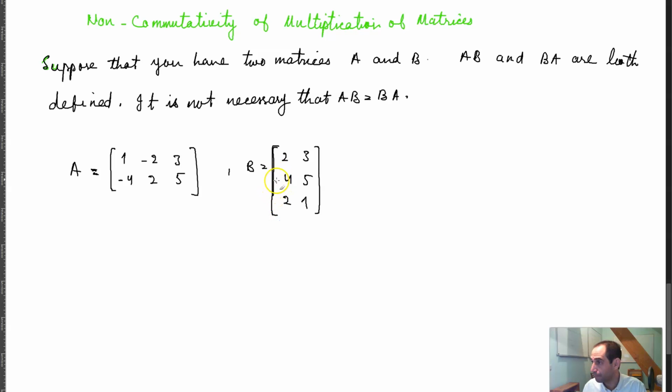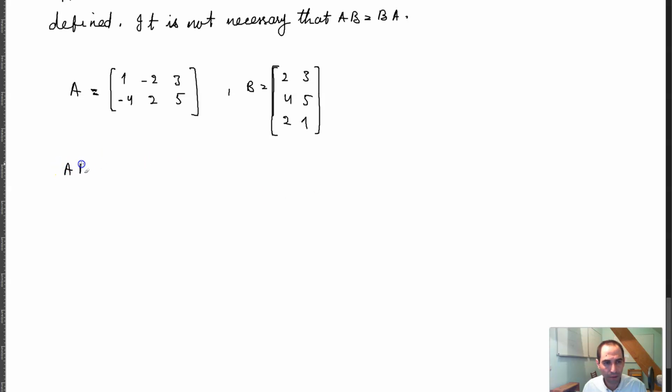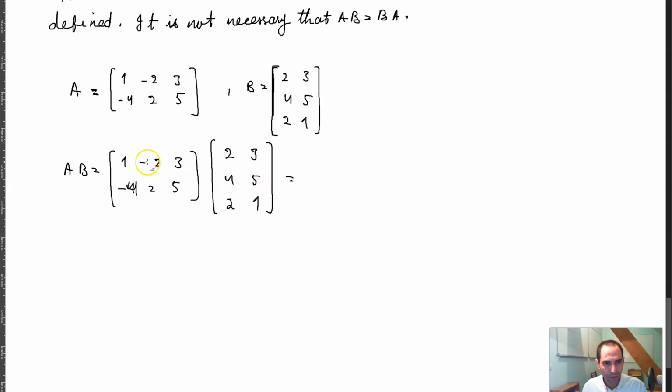To find AB, it is 1, -2, 3, -4, 2, 5 times B, which is 2, 3, 4, 5, 2, 1. I will start with this row and this column.